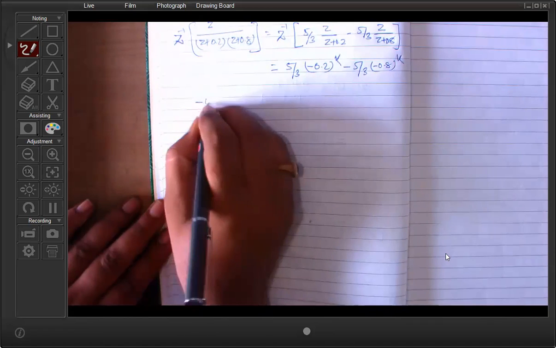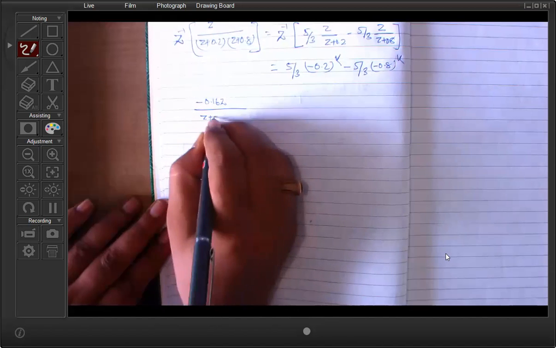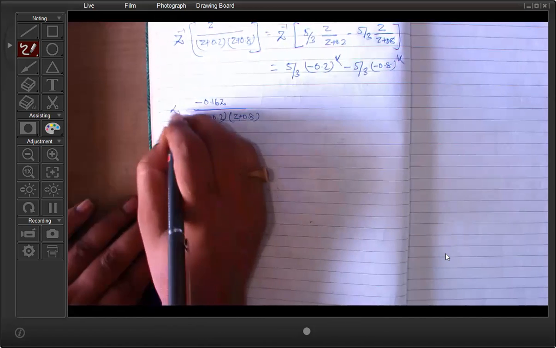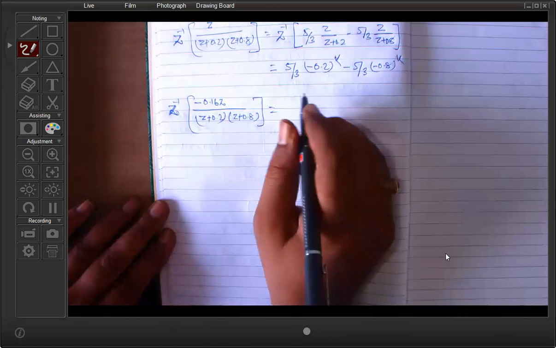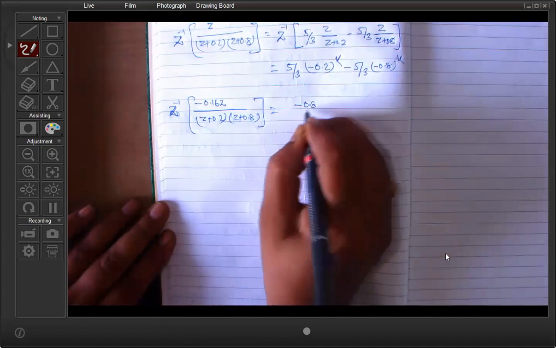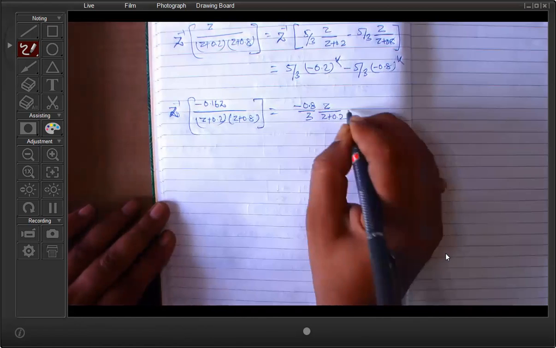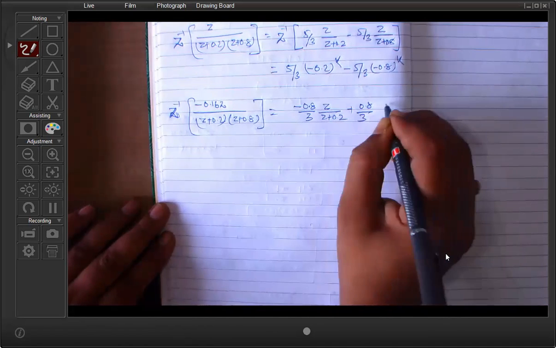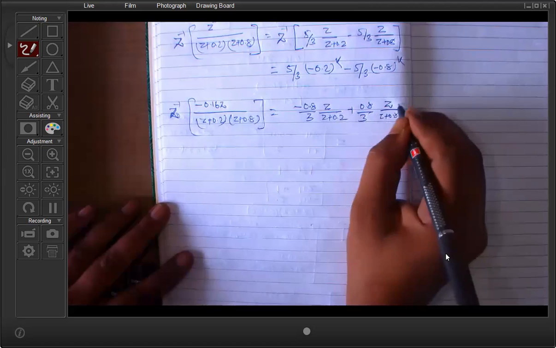Okay, so finally, what is the third term we have? The third term was minus 0.16 z by z plus 0.2 into z plus 0.8. So the inverse z transform of the given expression has two factors. The first factor is minus 0.8 by 3 into z by z plus 0.2 plus 0.8 by 3 into z by z plus 0.8.